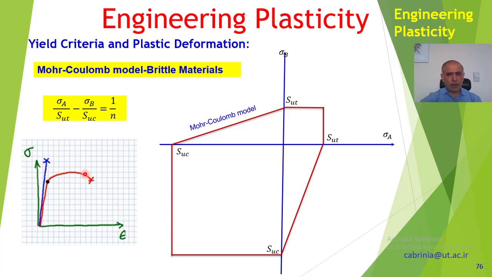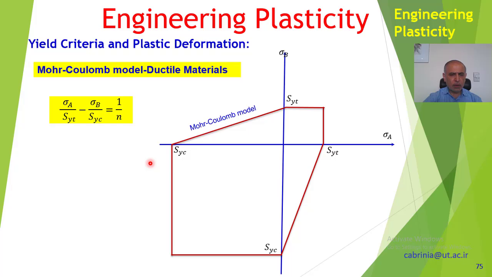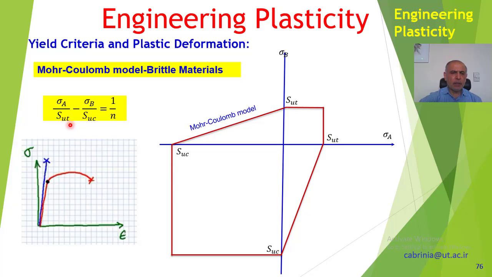As you can see, the difference between this equation and the previous equation is what? Here you see on the denominators we have SYT, SYC. That means yield strength. But here instead of yield strength we have the tensile strength.